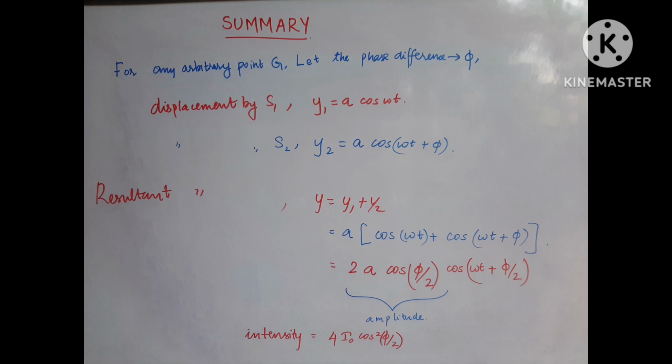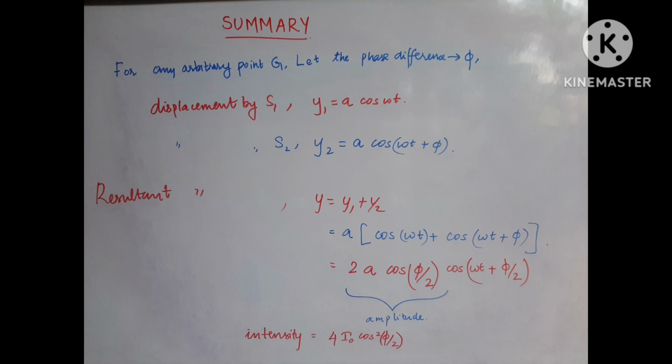Then the resultant displacement will be given by y is equal to y1 plus y2, that is A cos omega t plus A cos (omega t plus phi). Here this is in the form of cos A plus cos B, and the result is 2 cos ((A plus B) by 2) into cos ((A minus B) by 2). Then this will be given as 2A cos (phi by 2).